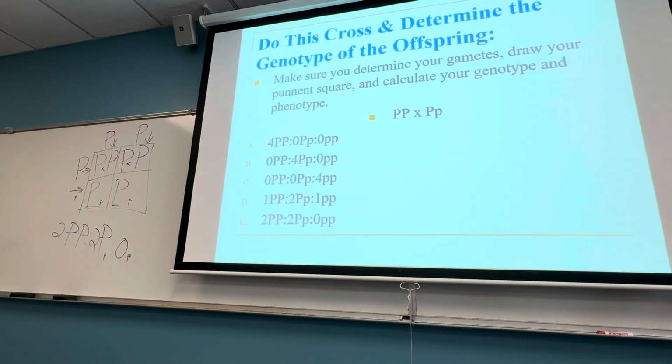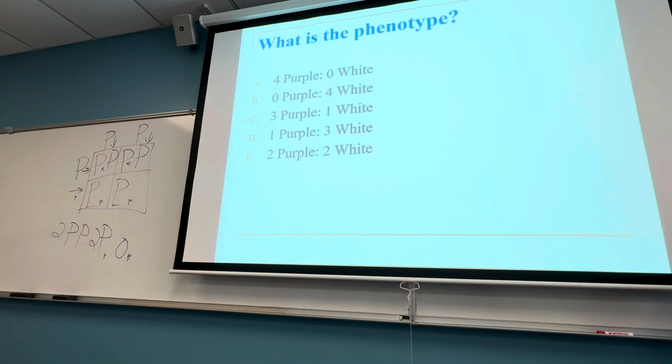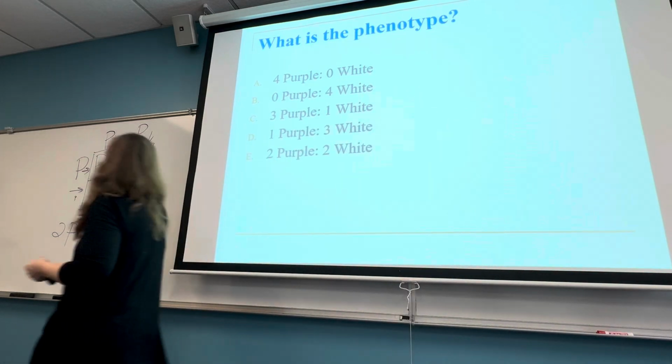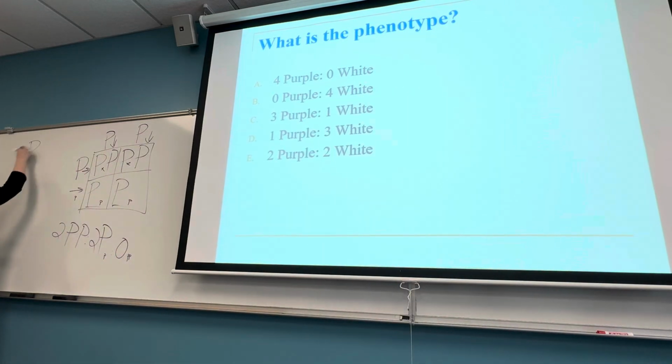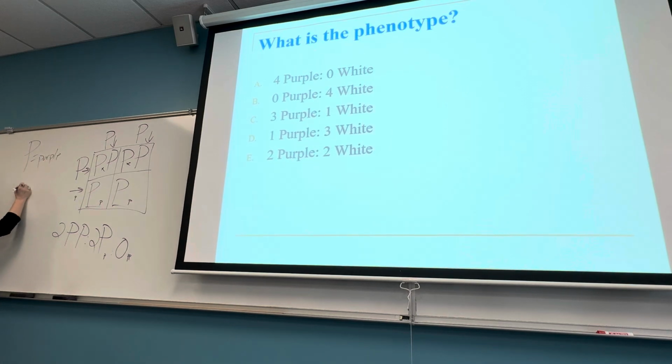Anybody, any questions? What's the phenotype for that one? Aha, okay. So let's say that I didn't give you this information. So let me give you that coded information now.